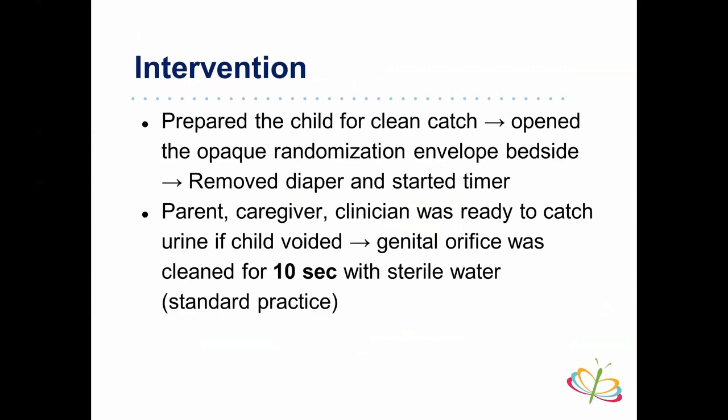Either the parent, caregiver, or clinician was ready with the urinalysis cup to catch the urine. The genital orifice was cleansed for 10 seconds with sterile water, and that's the standard of practice over there, just clean with sterile water.